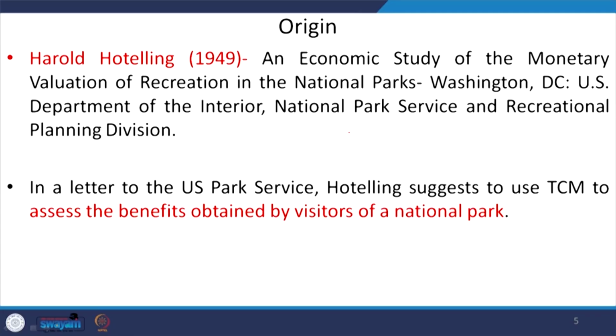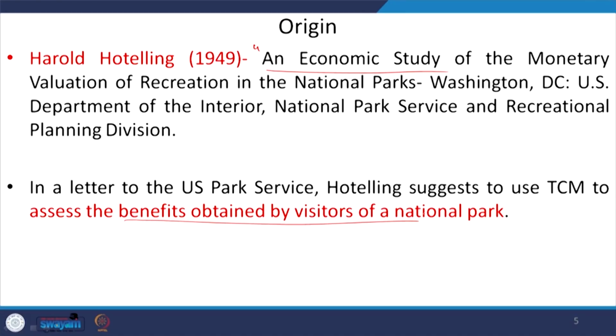The report was titled the economic study of the monetary valuation of recreation in the national parks. And from there the very travel cost method was originated, and it actually talked about the benefits that the visitors obtain from using the recreational attributes of a national park.